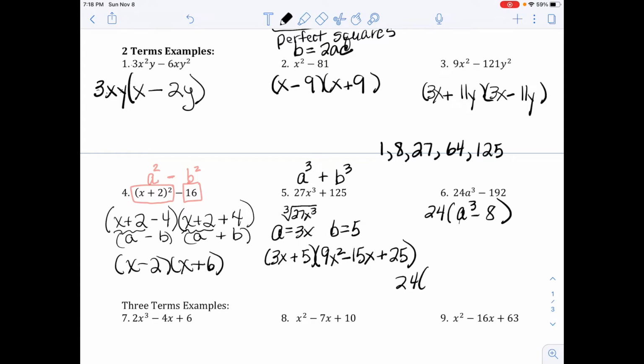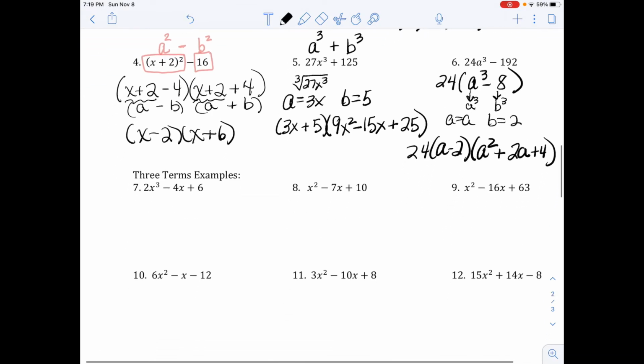So that's going to be 24, A minus 2, right? Follow the pattern. Square A, plus, multiply the 2 together, 2A, and then square B. So A cubed, meaning that would be A, and B cubed. And so that means A is A, and B is 2. And that's how I knew what to put into the pattern.